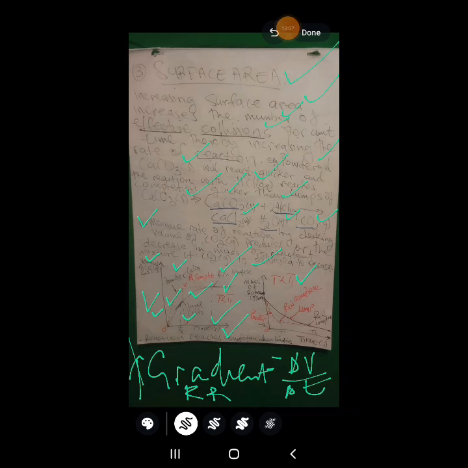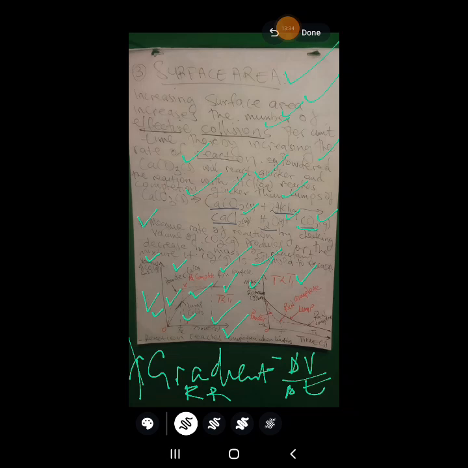Now, looking at the graph on your right hand side, we said we can also measure the rate of reaction by checking the amounts of reactants that are used up with time. If we allow the carbon dioxide to escape from our reaction up here, then obviously we expect the total mass of the reactant mixture to decrease with time.